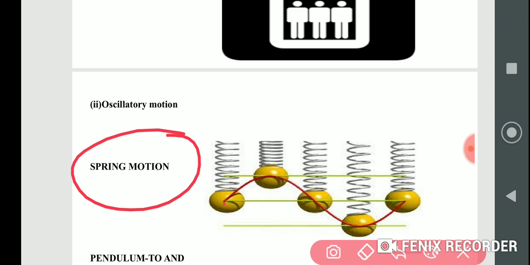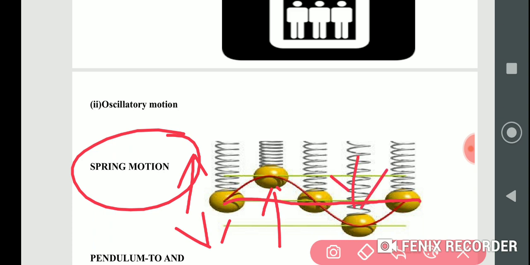Suppose this is the mean position of the spring, and if we stretch the spring and release it, then the spring moves to and fro. This is the to and this one is the fro motion of a spring. So this is an example of oscillatory motion.